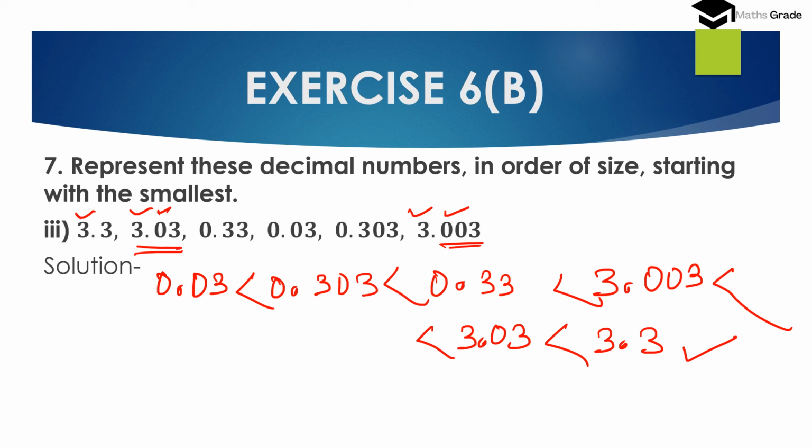So the arrangement of the decimal numbers from the smallest to the largest is 0.03, then 0.303, then 0.33, then 3.003, then 3.03 and 3.3. 3.3 is the largest decimal number and 0.03 is the smallest decimal number.